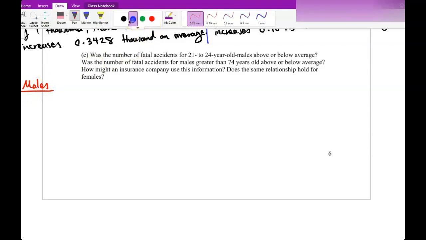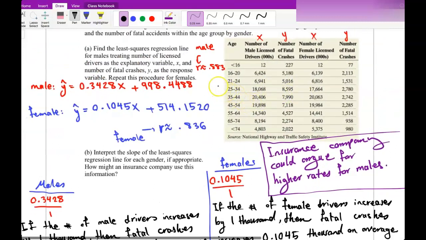So first we have this group is 21 to 24. We have the sport 21 to 24, X is this number 6,941, and Y is 5,016.